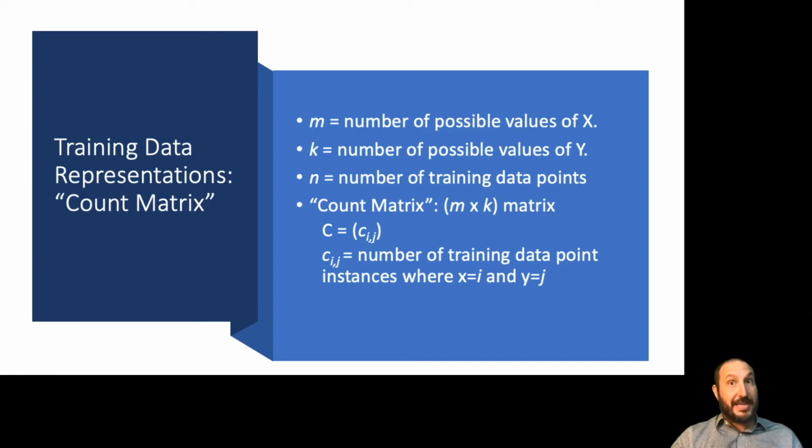So remember, in our data list, we had a list of pairs, and each pair had an X value and a Y value. The X value was an integer between 1 and M. The Y value was an integer between 1 and K. And so every time we see a point in that data list, we're going to increment the counter in the count matrix that corresponds to it.